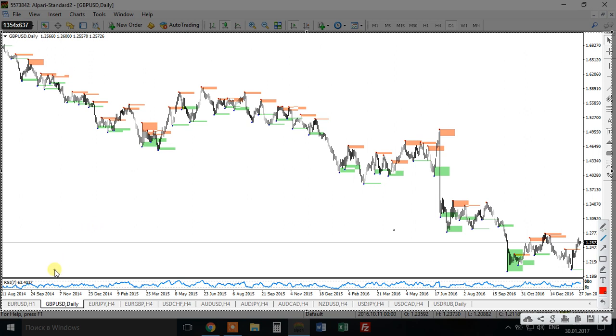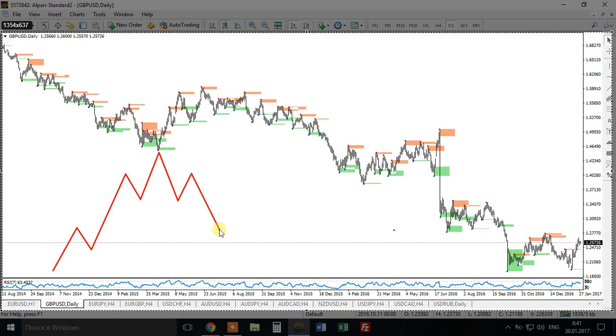Okay, and if you are familiar with Elliott waves, you also know about this Elliott wave pattern. We have 5 waves to the upside, 1, 2, 3, 4, 5. Then we have 3 waves to the downside, A, B, C. And after we have this A, B, C, the 5 waves to the upside appear again. 1, 2, 3, 4, 5.